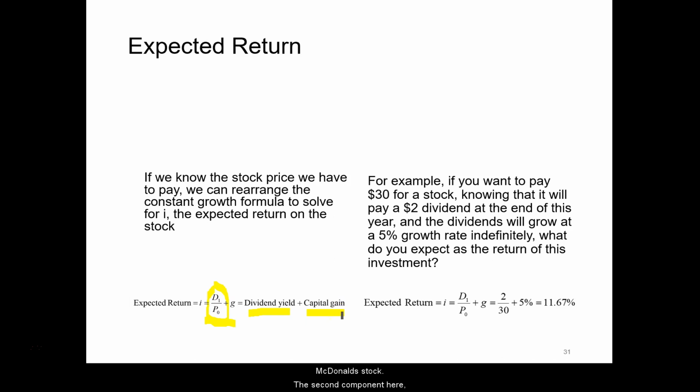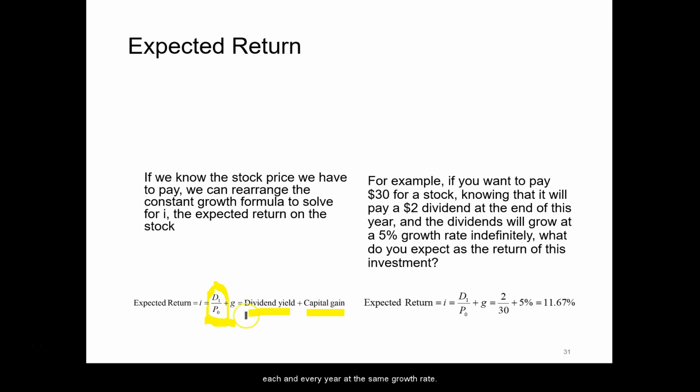Because if dividends grow at this constant rate, then stock price will also grow every year at the same growth rate. So if this year you buy it at P0, next year how much would the stock price go up?